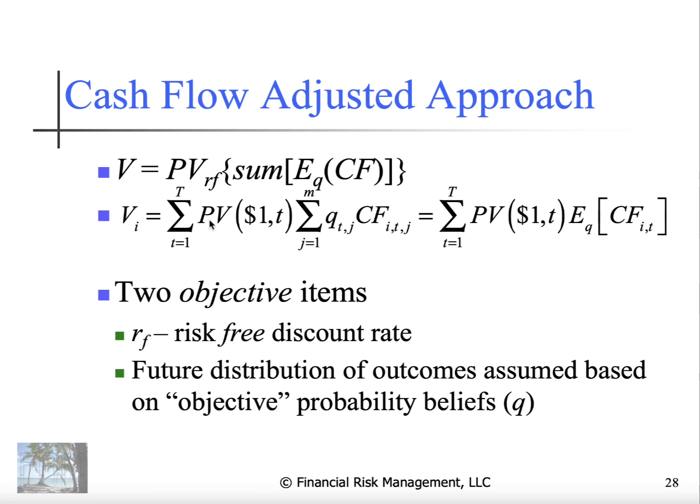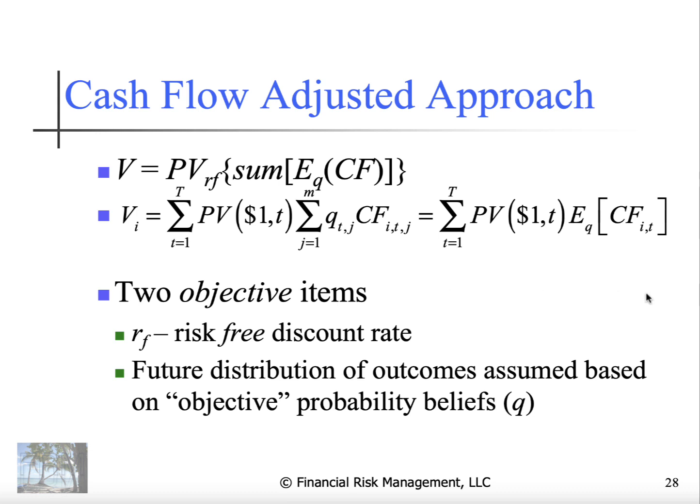The key insight of the cash flow adjusted approach is there are two objective items. They're not subjective. The risk-free discount rate and the future probability distribution of outcomes are assumed to be based on the objective probability beliefs. There are air quotes around objective because there still is some structure and assumptions, but basically these probability beliefs have to be consistent with something known as certainty equivalent.